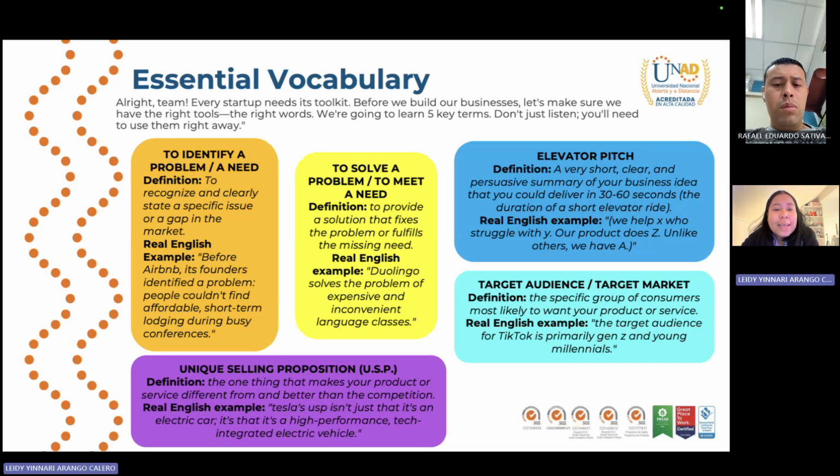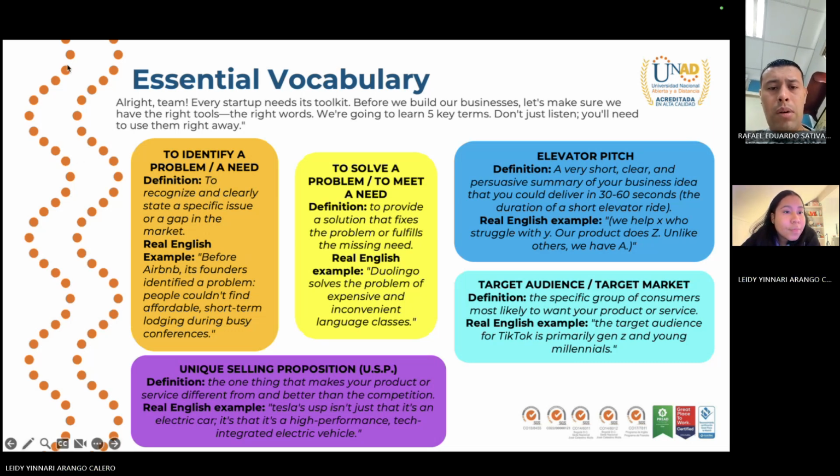Could you help me to read the purple one, please? This one.